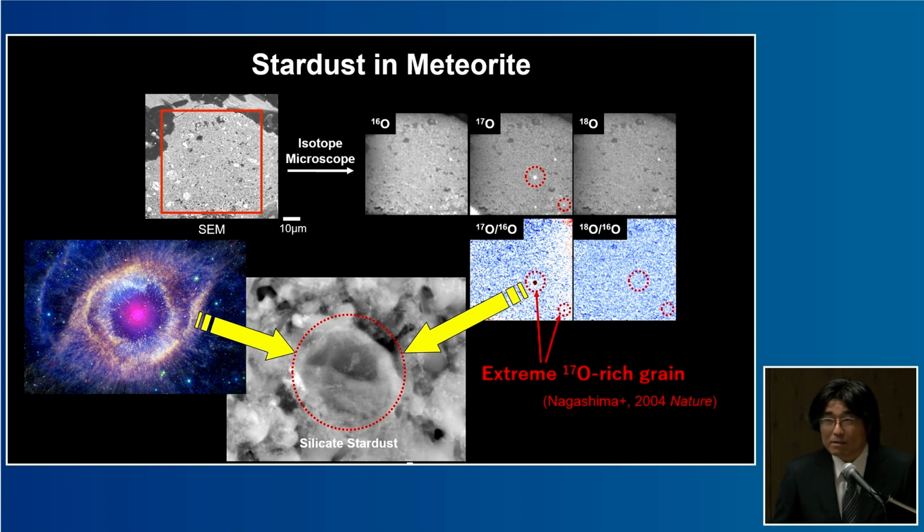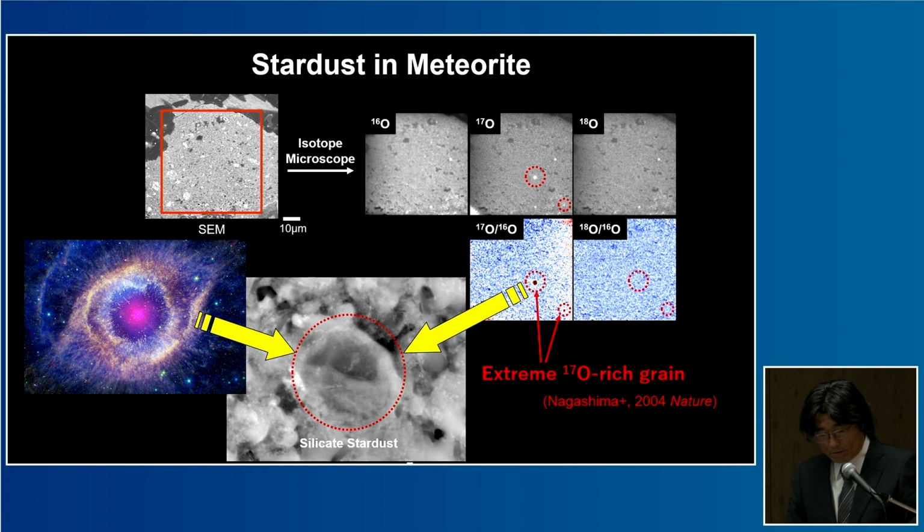This is another example of a meteorite. We can obtain oxygen isotope images of O16, O17, and O18. You can find a strange hotspot in the O17 image. The scale bar is 10 micron, so this is about a 1 micron grain.